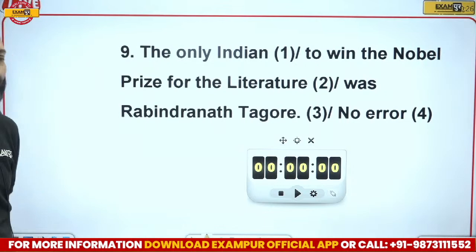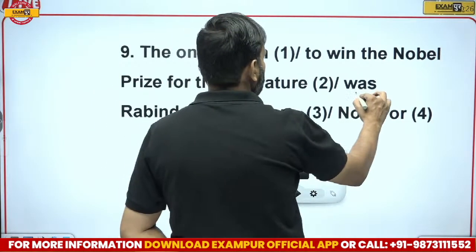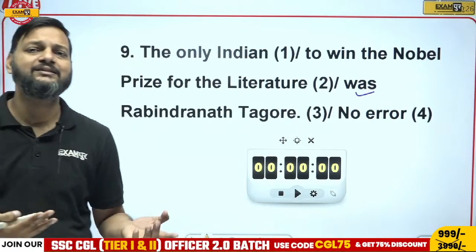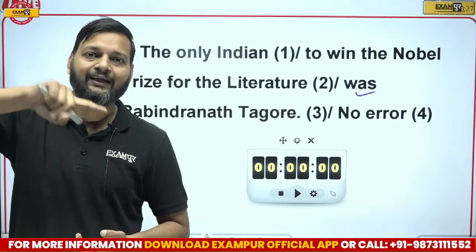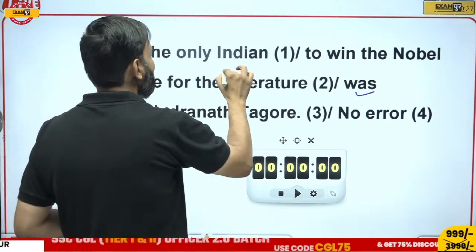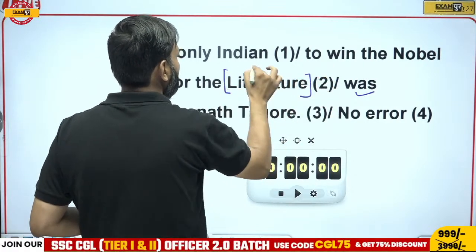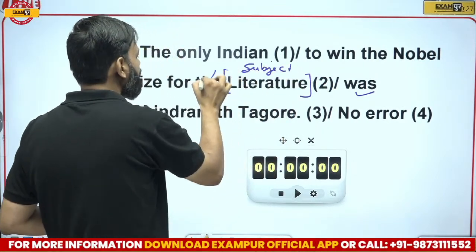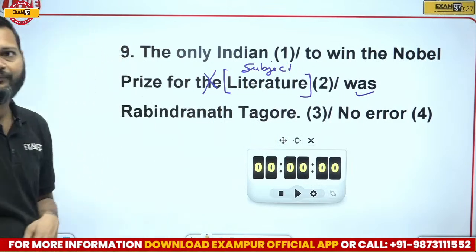No, Pallav, was is absolutely correct, because this is not a present event, this is past. He got it in the past, so was is absolutely correct. See, literature is a subject, and with a subject we do not use the definite article.